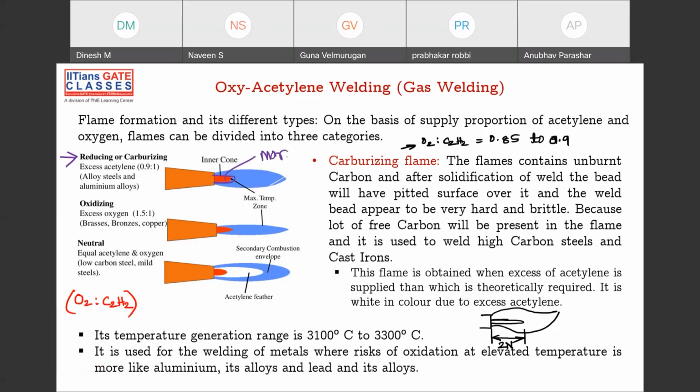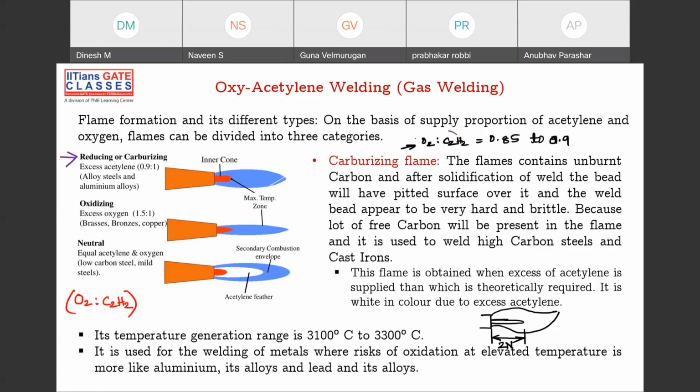Why is the inner cone length more? Because if you want to burn, you want more and more oxygen, right? If some fire should keep on burning, you have to provide oxygen, right?